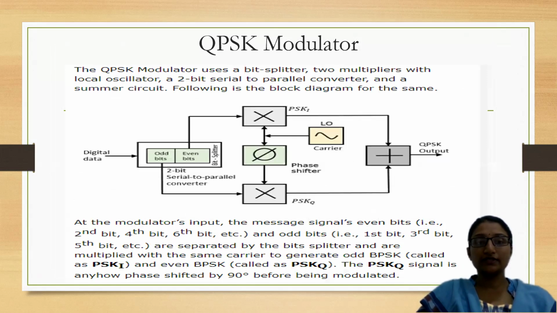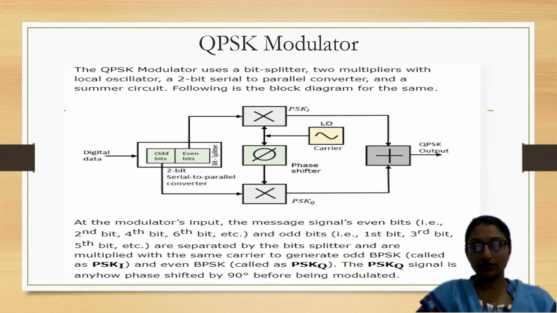Coming to the QPSK modulator. The QPSK modulator uses a bit splitter, two-bit serial to parallel converters, product modulators to multiply with local oscillators, and a summer circuit. The block diagram is as follows. Here in QPSK, we separate odd bit terms and even bit terms, and they are separately applied to product modulators.